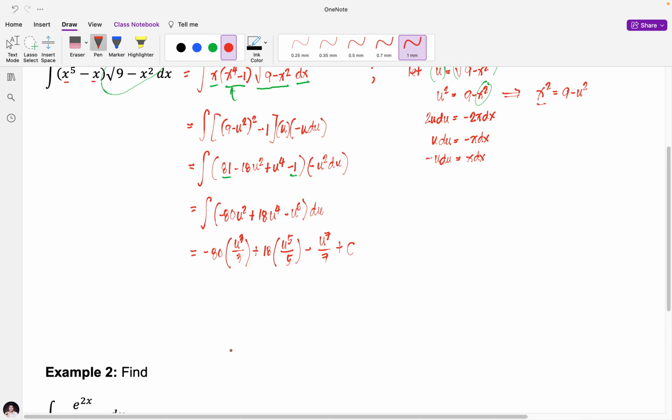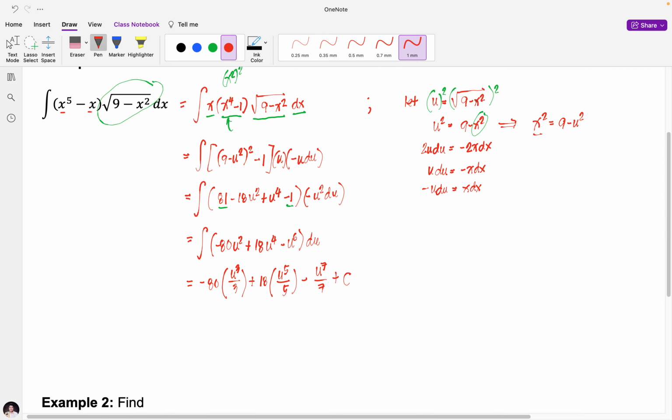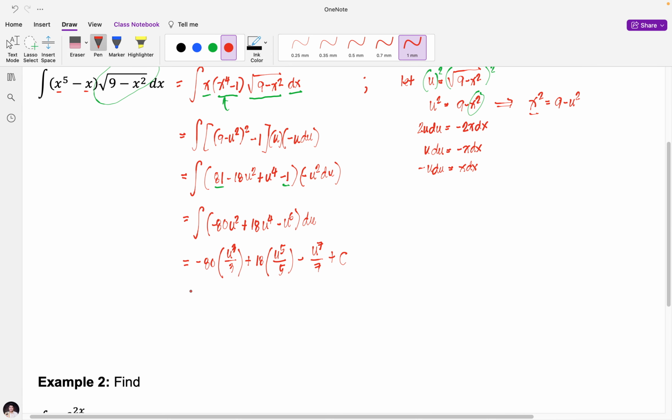And after that, let's substitute back u, which is equal to the square root of 9 minus x squared. So that is now equal to negative 80 over 3 times the square root of 9 minus x squared cubed plus 18 over 5, and that is square root of 9 minus x squared raised to 5.